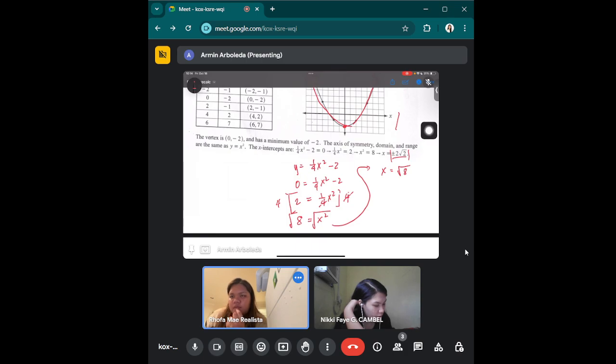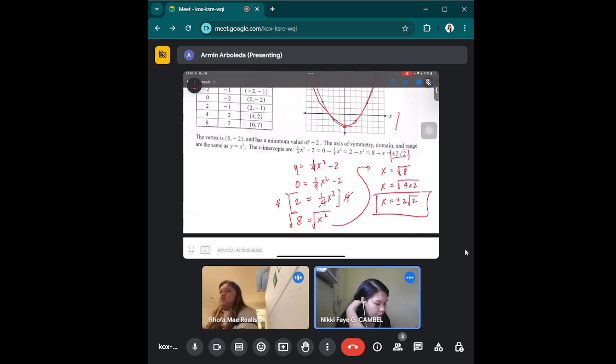That is because 8 is 4 times 2, and 4 is a perfect square, so it can be placed outside the square root. 2 and square root of 2. Okay. So these are your intercepts for this example.